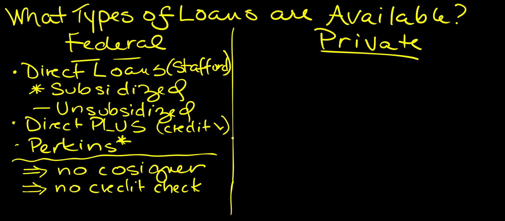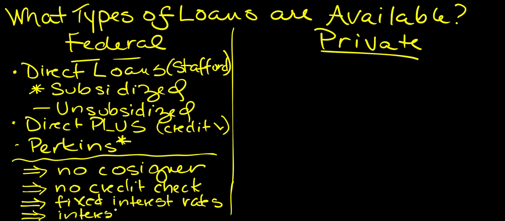And the interest rates are fixed. So fixed interest rates means that they stay the same over the life of your loan. And lastly, under certain circumstances, the interest is tax deductible. Now, you won't care about that until you actually start paying the loans, but if your income is within a certain level, that could be a big tax savings for you.